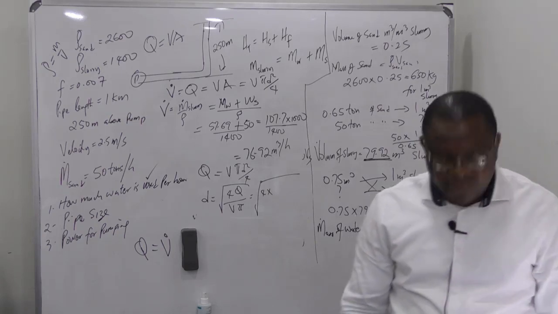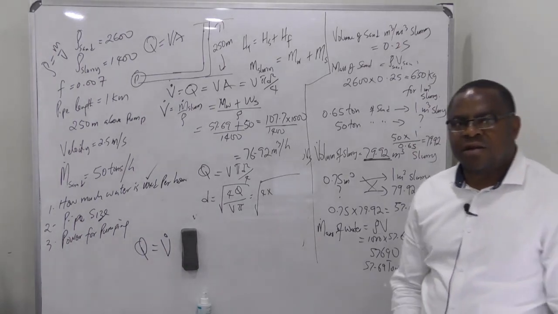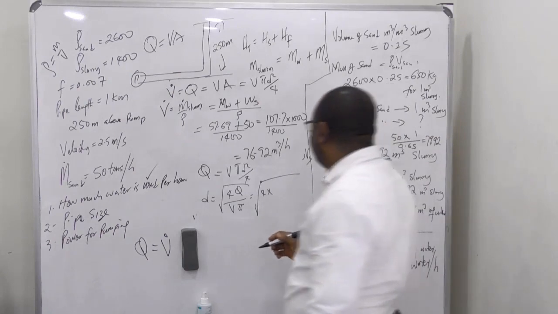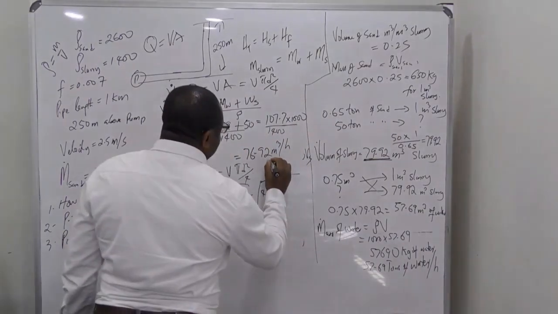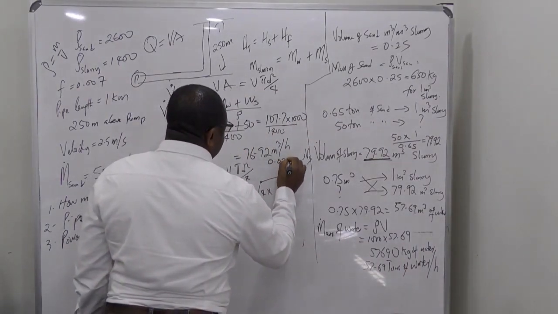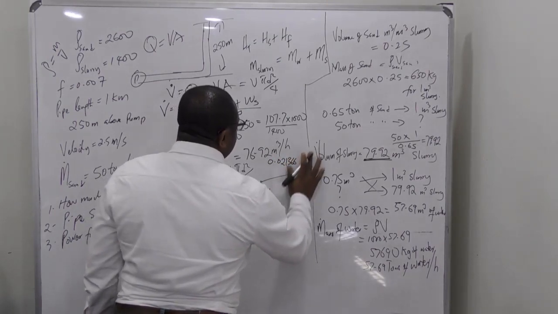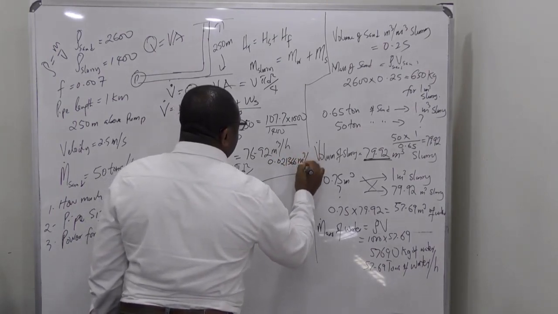That is 0.021366, which is 0.021366 in meter cube per second.